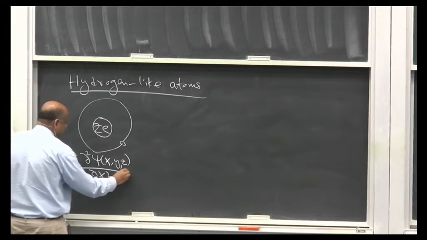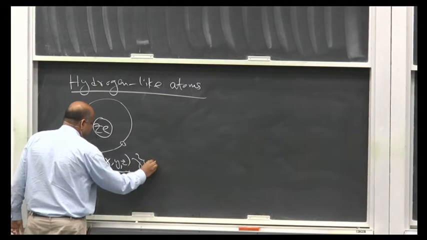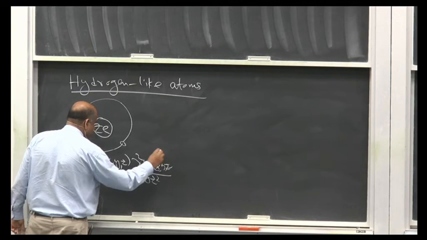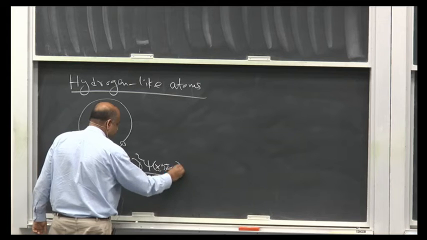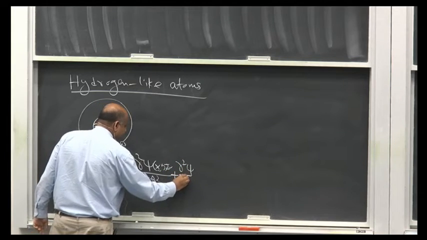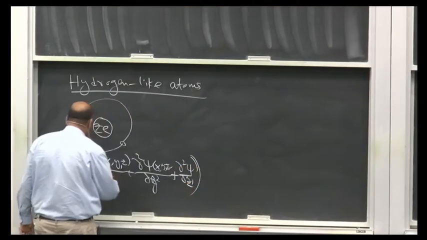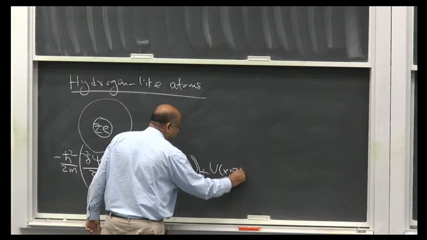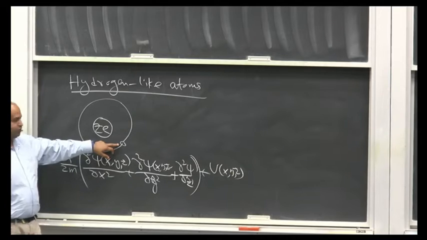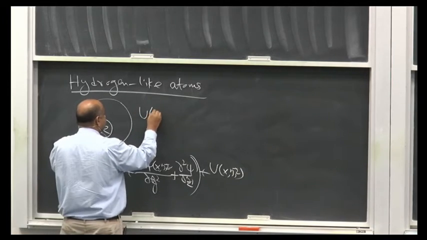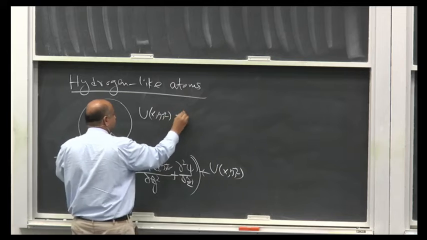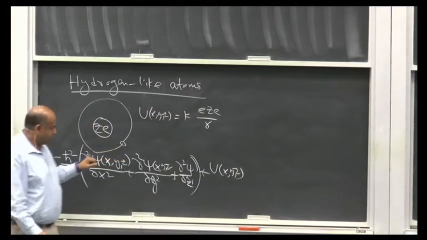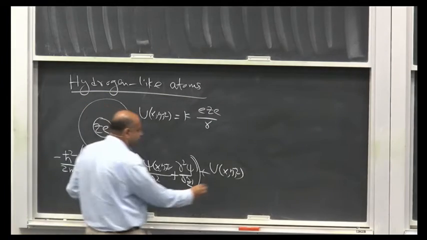Let's say x square and then z square and y square, for the given potential in which this electron is, and the potential is the same as we already know, K, sorry. So this is the Schrodinger equation.